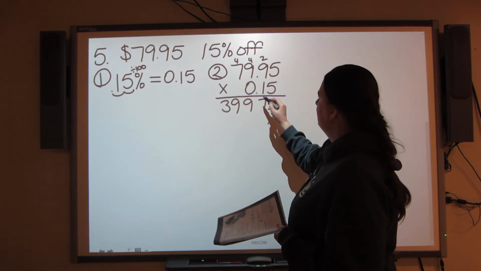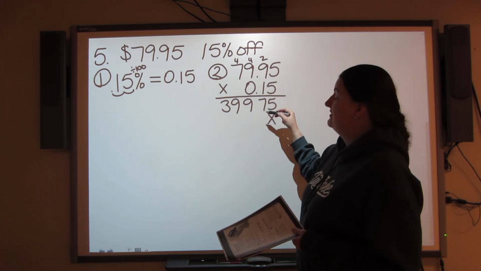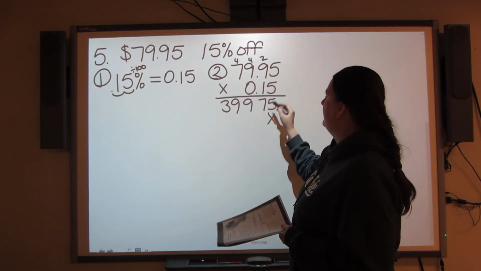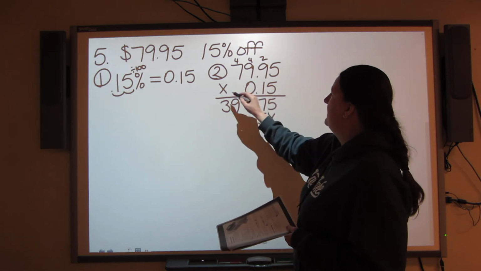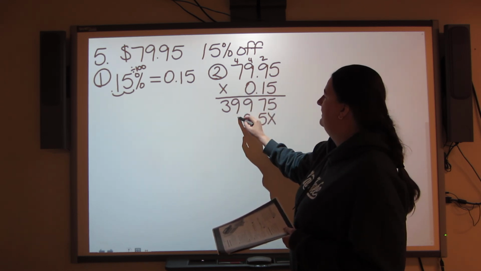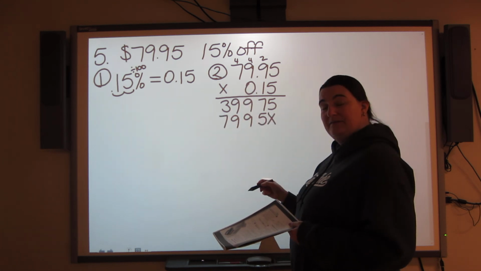Put your X and move on to the 1. That's why you want your 1 answers to start under the 1. That's why we put the X there. So 1 times 5 is 5. 1 times 9 is 9. 1 times 9 is 9. 1 times 7 is 7.